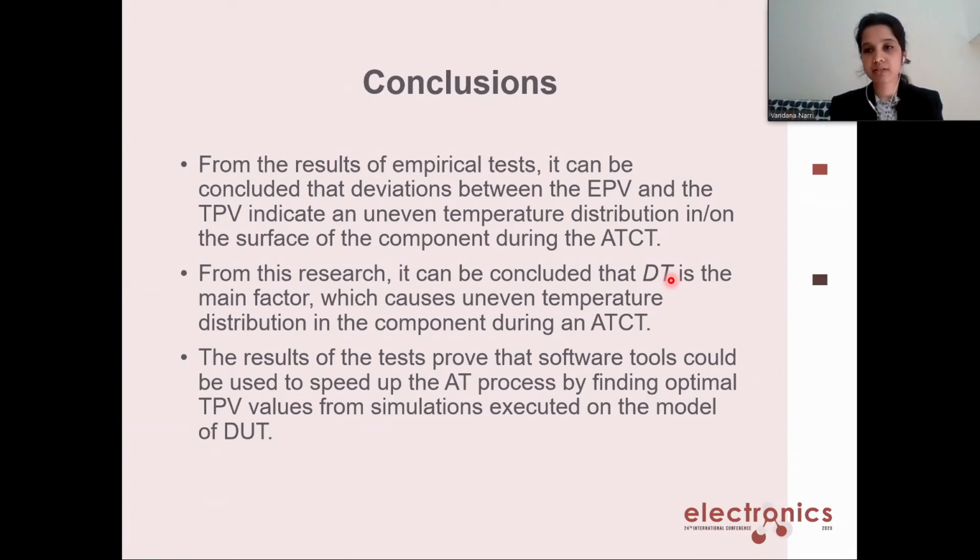It is quite crucial, so that has to be estimated properly during these pre-tests. And the results also show that simulation tools can be used to assess the optimal values for the test parameters, and also maybe to find a way to speed up these tests in real tests. Thank you.